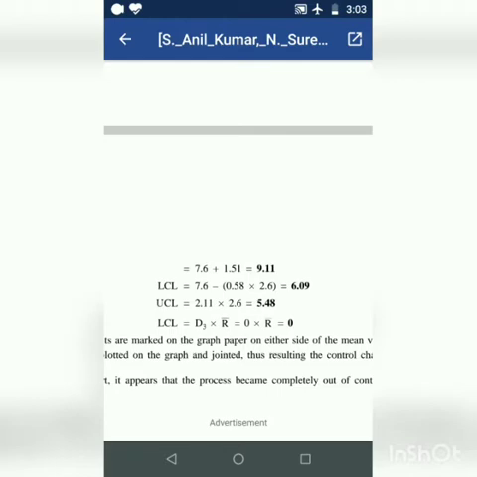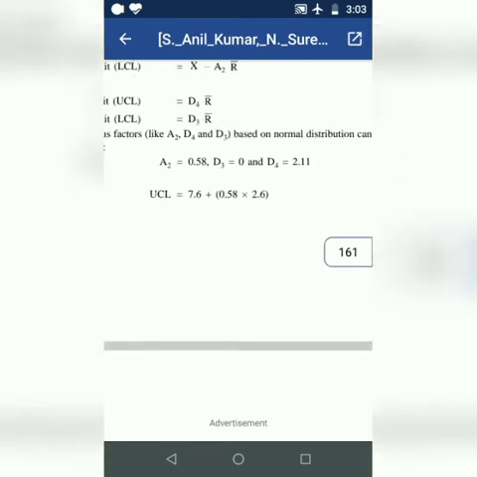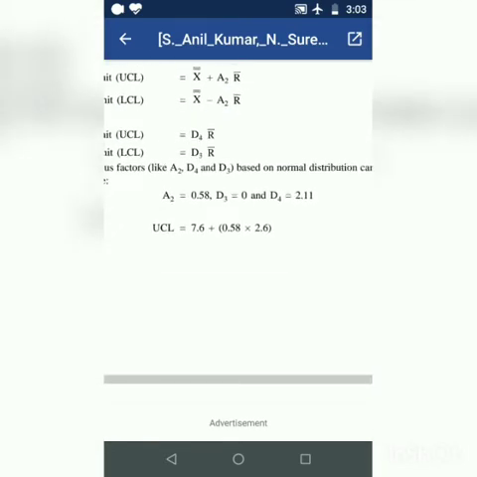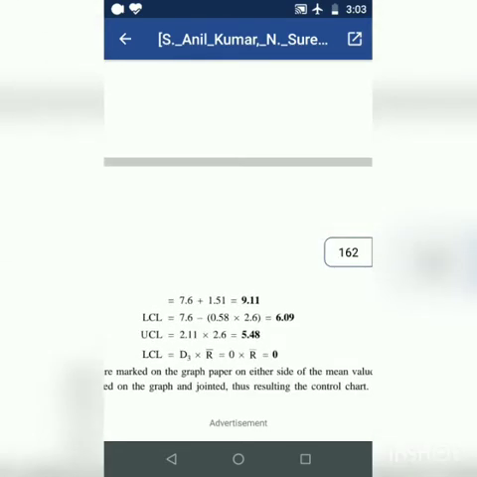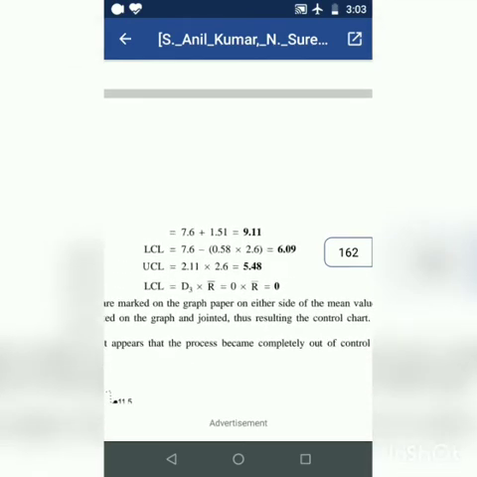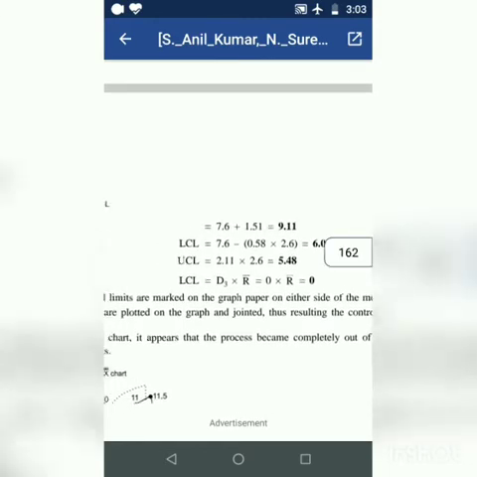Similarly LCL, the formula is D3 into R bar, so the value of D3 as given here is equal to 0 and R bar value is 2.6, so 0 into 2.6 is 0. So now we have LCL and UCL values for mean chart and range chart both, right?